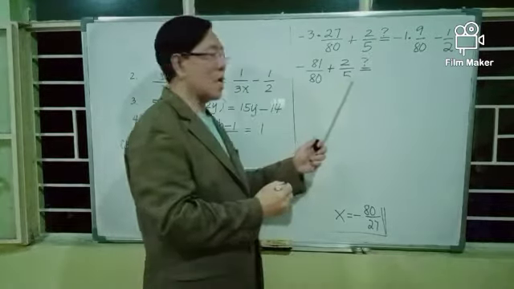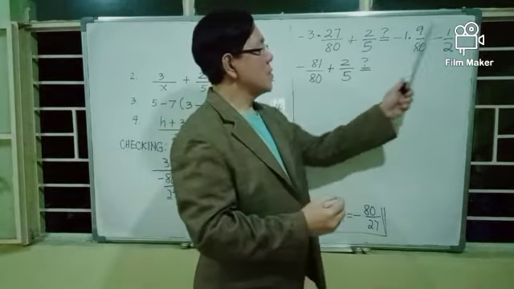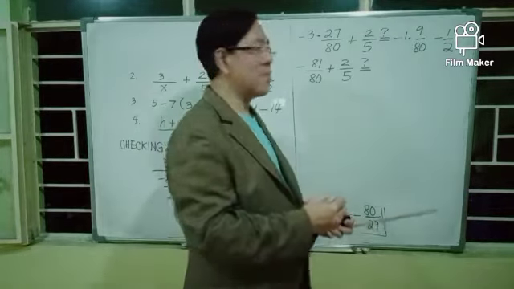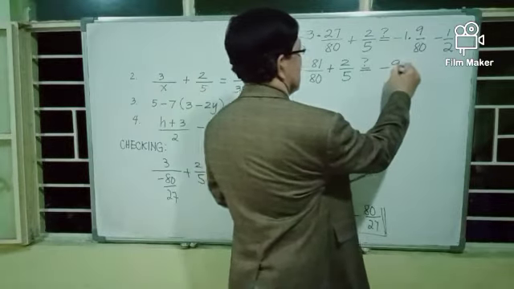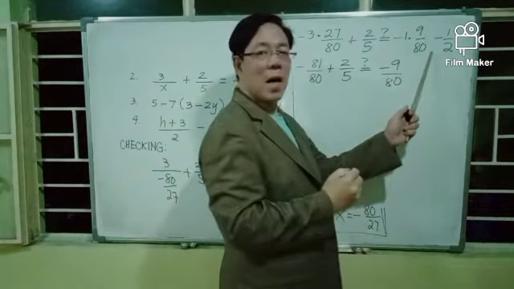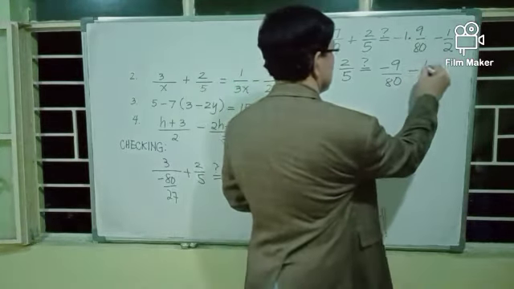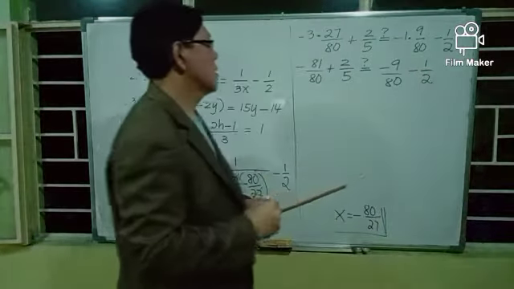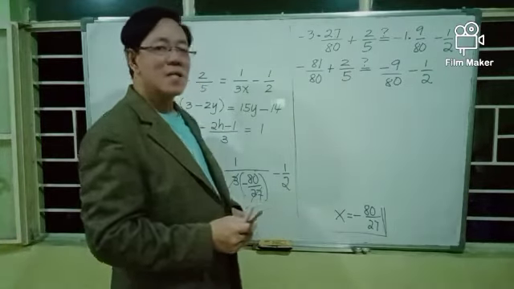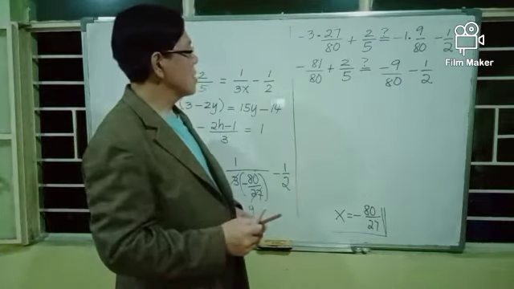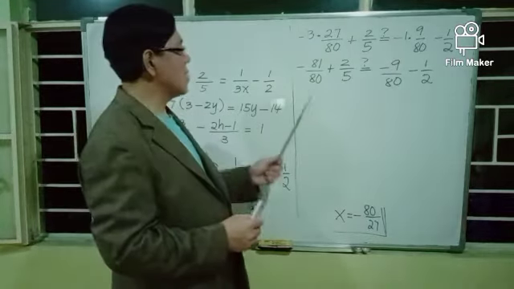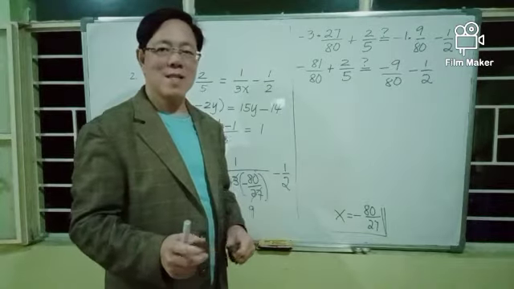We want to check if this sum is equal to the quantity at the right-hand side. Negative 1 multiplied by 9 is negative 9, divided by 80, minus 1/2. Now, to combine these fractions, we take the LCD of 80 and 5. And the LCD is the smallest number that can be divided by 80 and 5, which is 80.